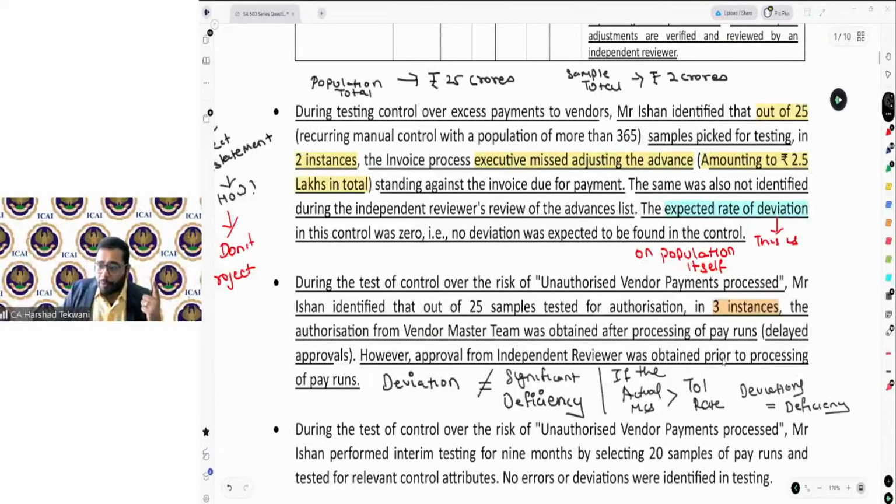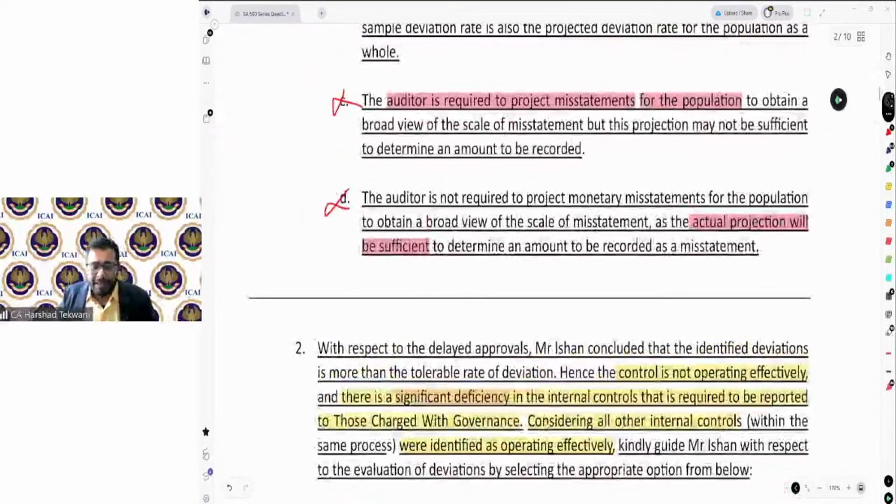Number 1, approval was delayed. It was not on a timely basis. There is a risk. There was a deficiency and deviation I identified. But if you see in the question itself, it says that all other controls were identified as operating effectively.